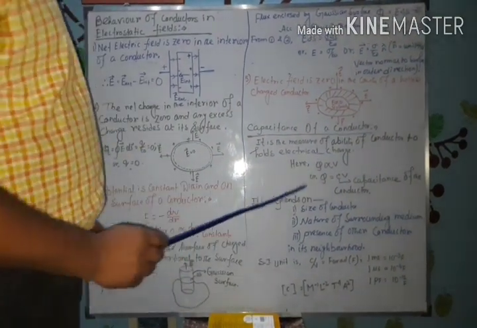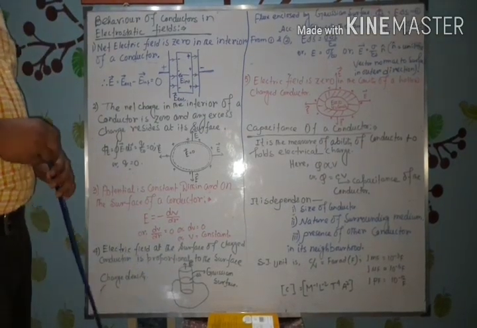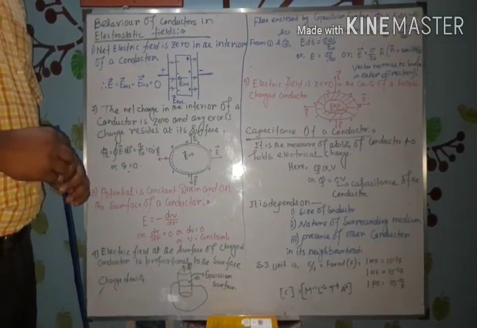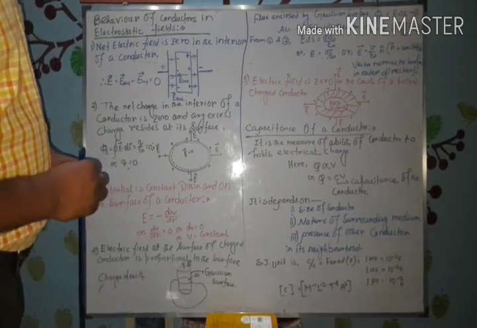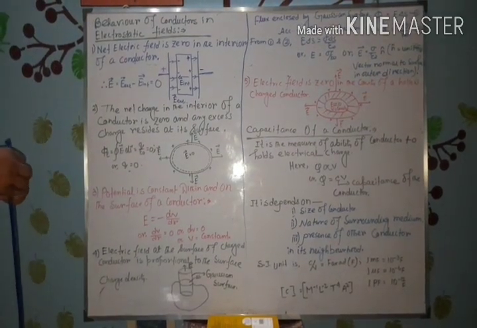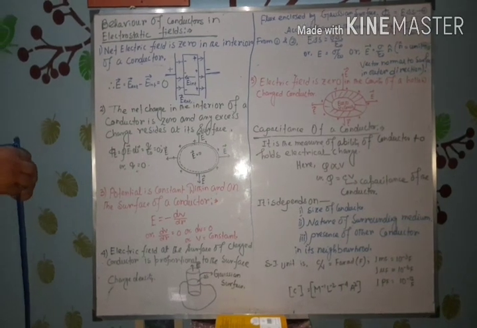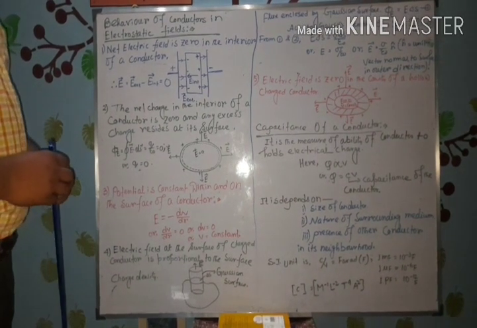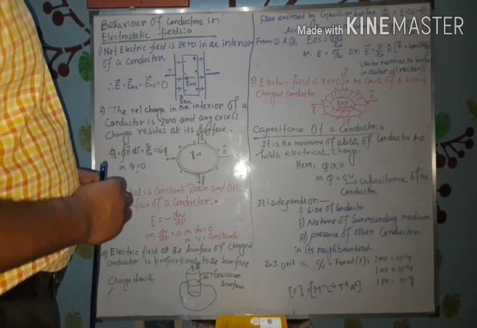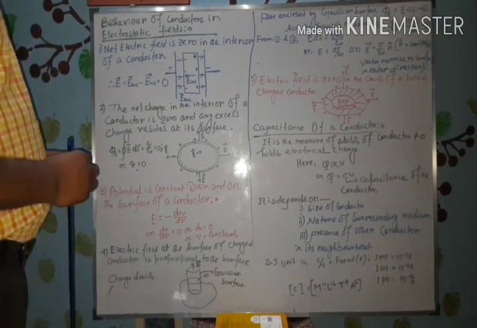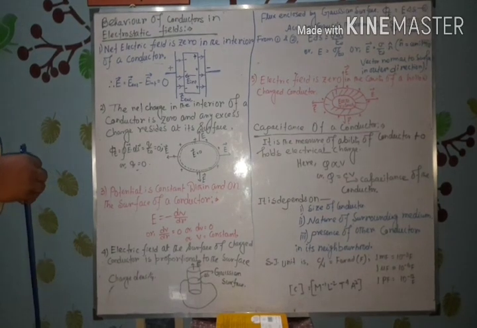Next we move into the discussion of the capacitance of a conductor. What do you mean by capacitance actually? Capacitance means the ability of a conductor to hold some charge. Whenever a conductor holds some charge, some potential is developed in the conductor.